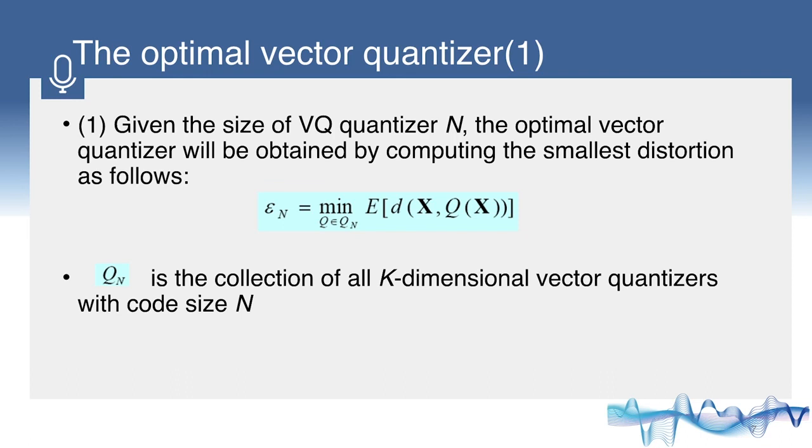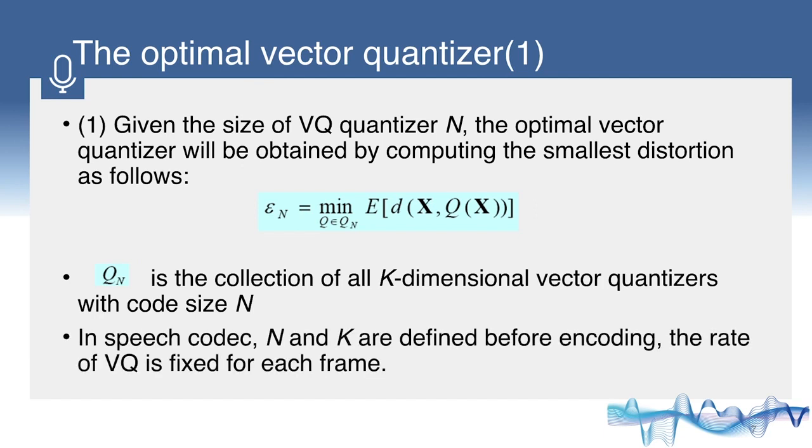In speech coders, N and K are defined before encoding. The rate of VQ is fixed for each frame.